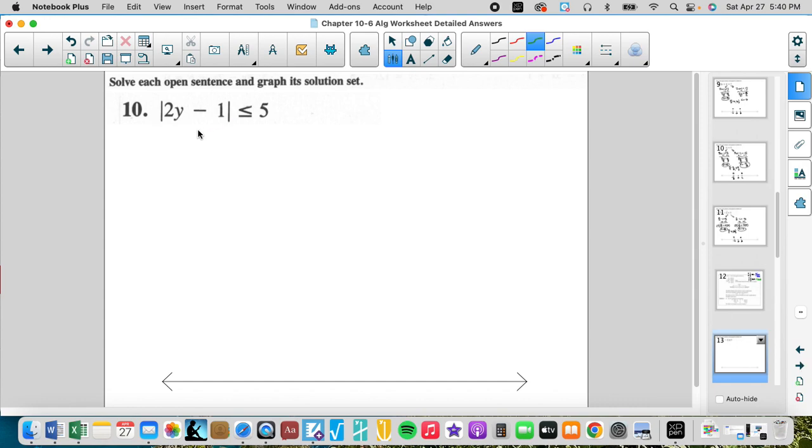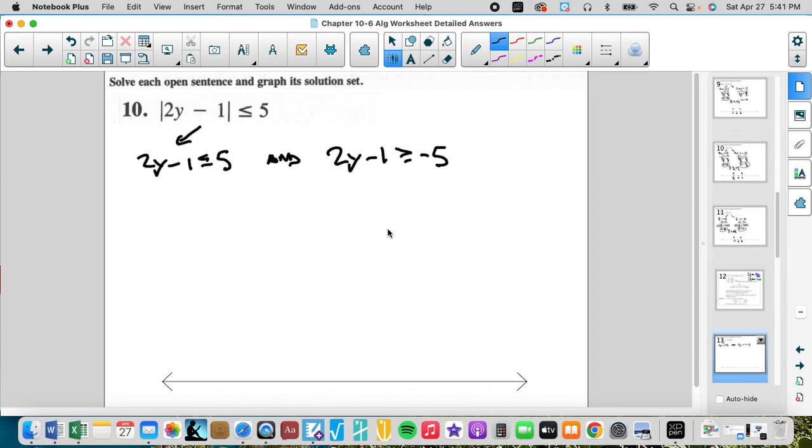So let's write these two statements. We still, again, are going to write two statements, the positive and negative of that, because 2y minus 1 is less than or equal to 5. Now that's less than, so we have an and statement. 2y minus 1 is greater than or equal to negative 5.